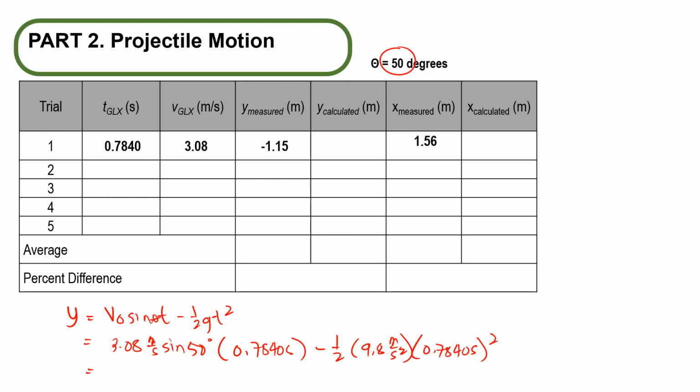So we have 3.08 multiplied by sine 50, and then multiplied by the given time, minus 1/2 multiplied by 9.8, then multiplied by the square of time.